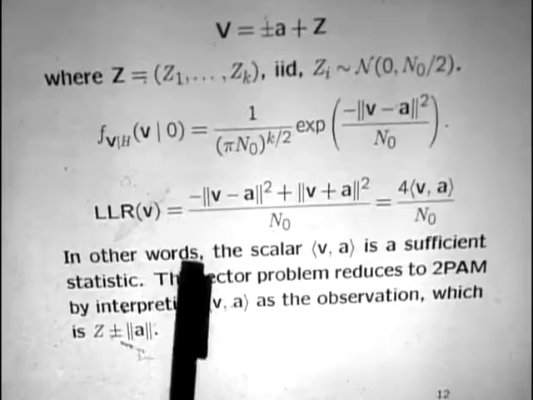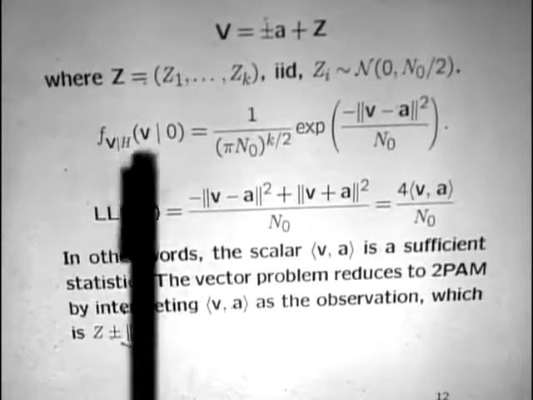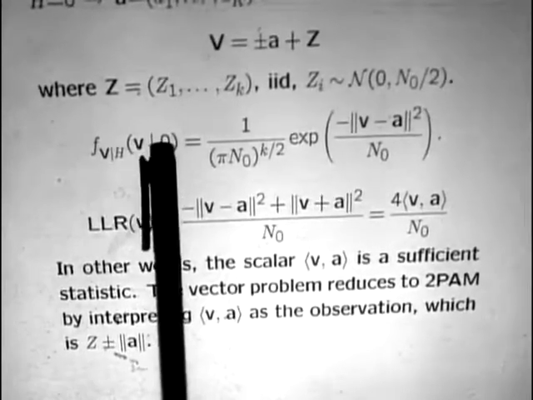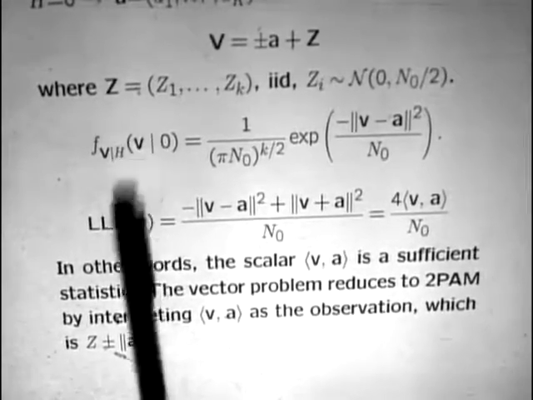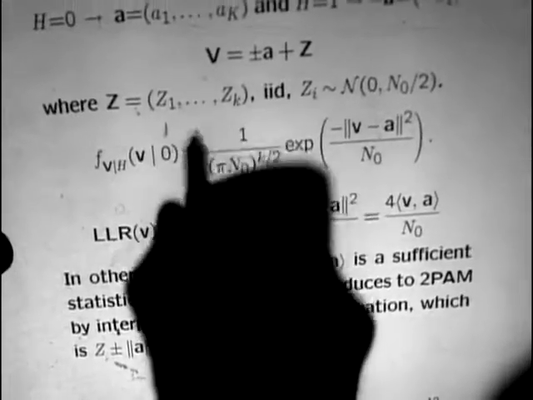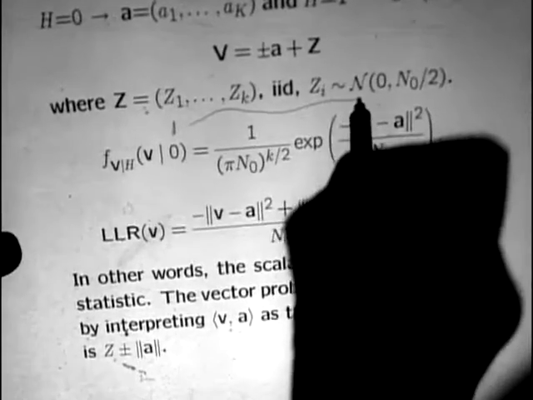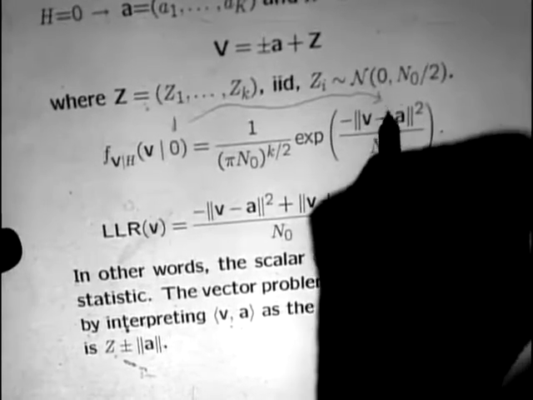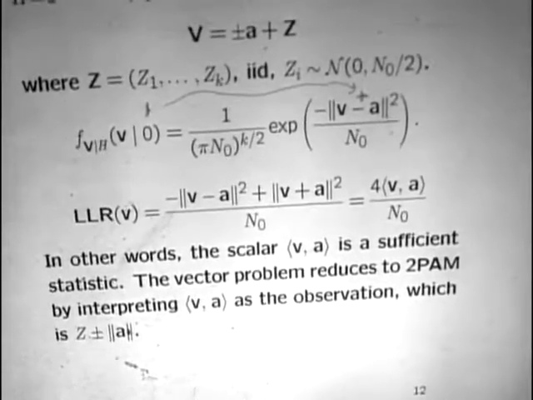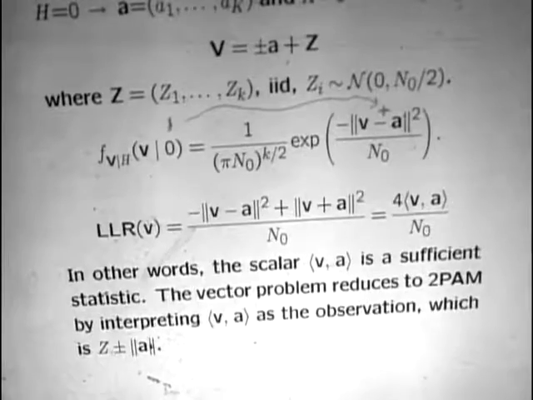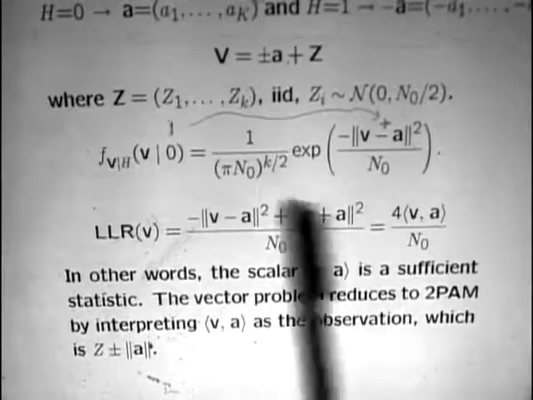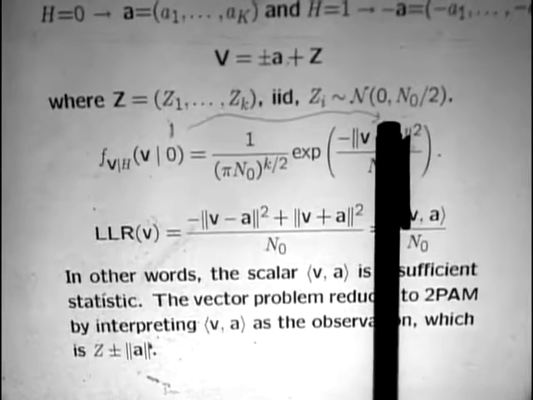So the log likelihood ratio is the ratio of this quantity to the density where h is equal to 1. And when h is equal to 1, what happens is the same thing as happened before. 1 makes this sign turn into a plus sign. So when I look at the log likelihood ratio, I want to take the ratio of this quantity to this same quantity with a plus put into it.